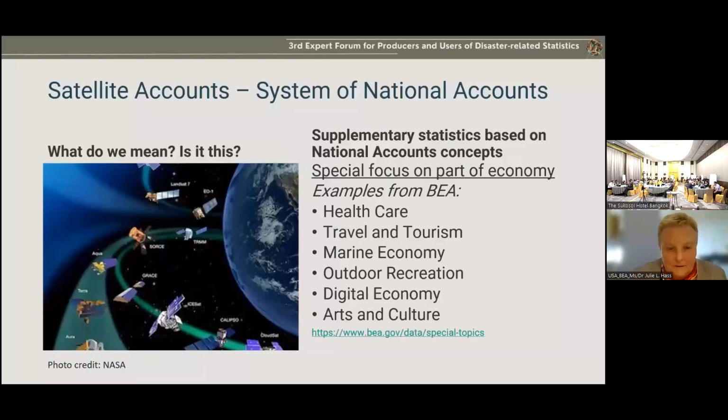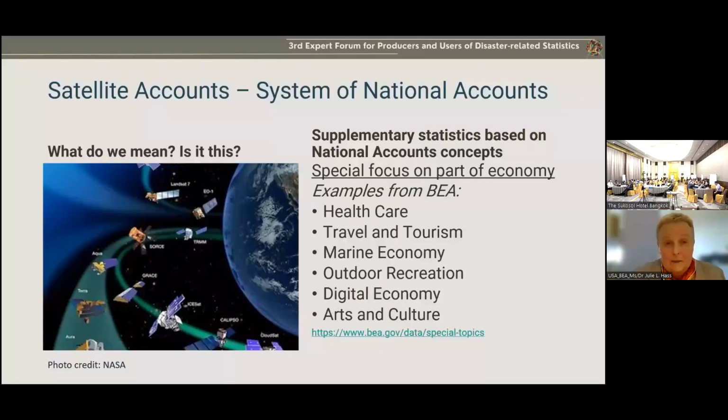Just a little experience from myself. When I first started to work in statistics, I had come from a world of natural science. I was doing atmospheric research and teaching chemistry and biology. Then I changed and went into a job at the National Statistics Office in Norway. About a week after I started, my boss told me, okay, go up and talk to the expert in national accounts about developing satellite accounts.